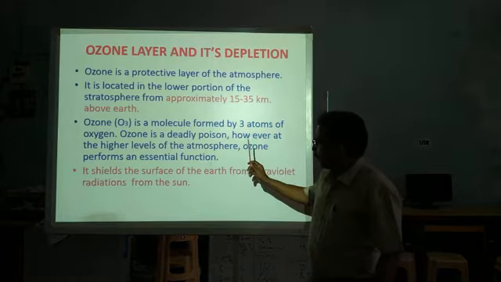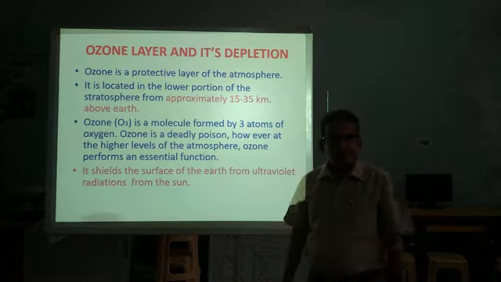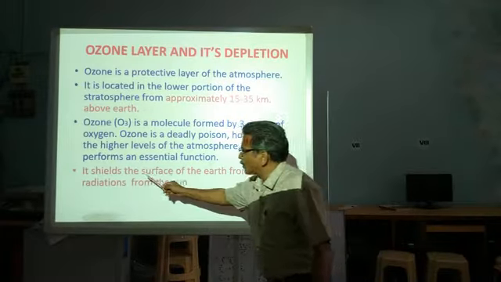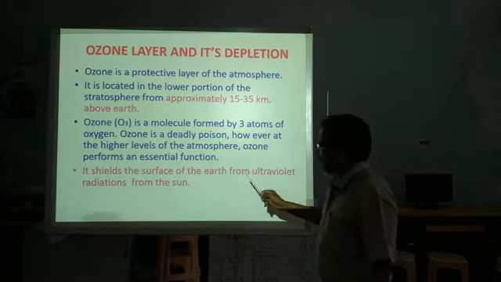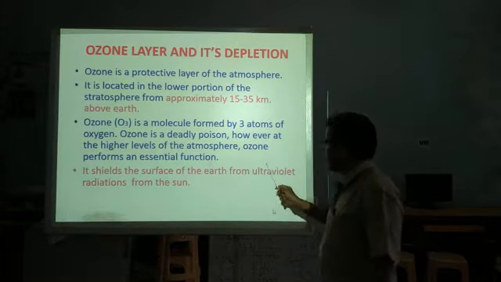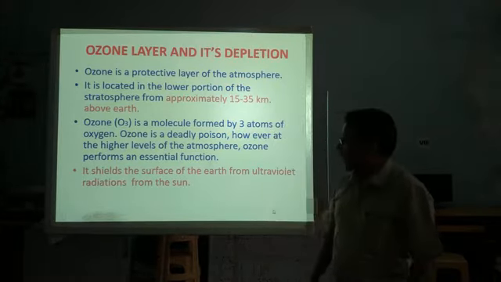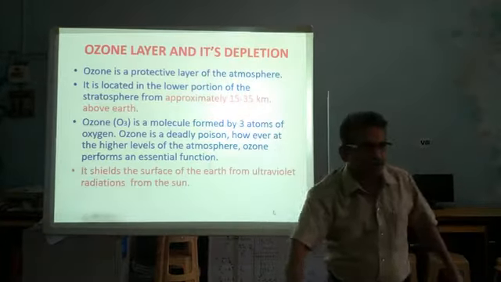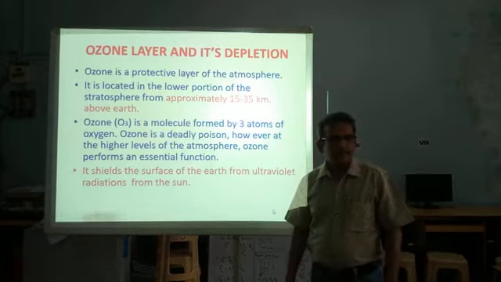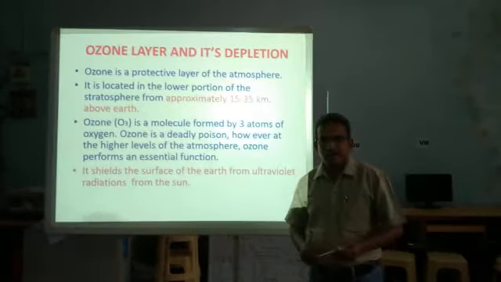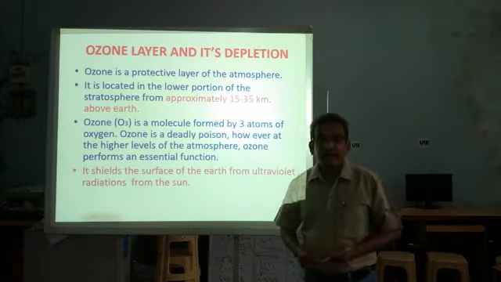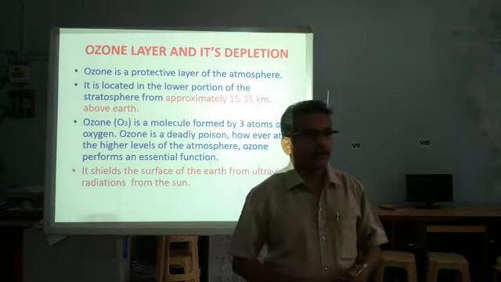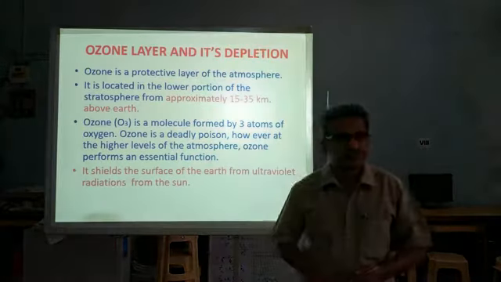So, due to the presence of the ozone layer, most of the harmful radiations, like ultraviolet radiations, are shielded off. They are filtered off when they pass through the ozone. That is the benefit of the ozone layer. That is how the ozone layer is beneficial to the living world.